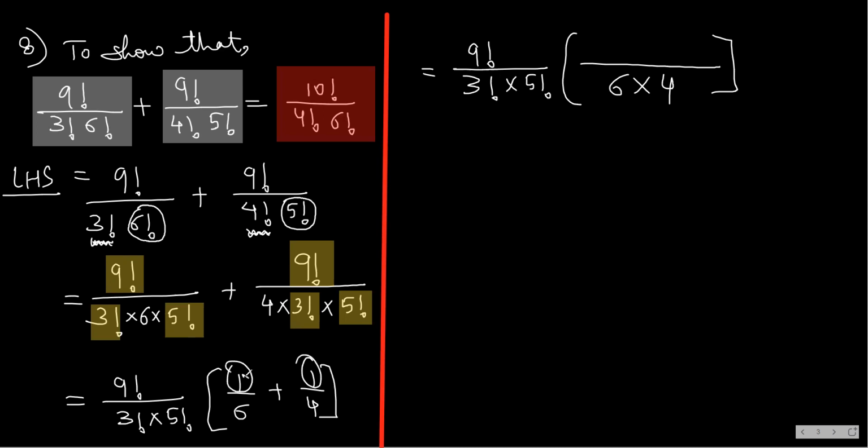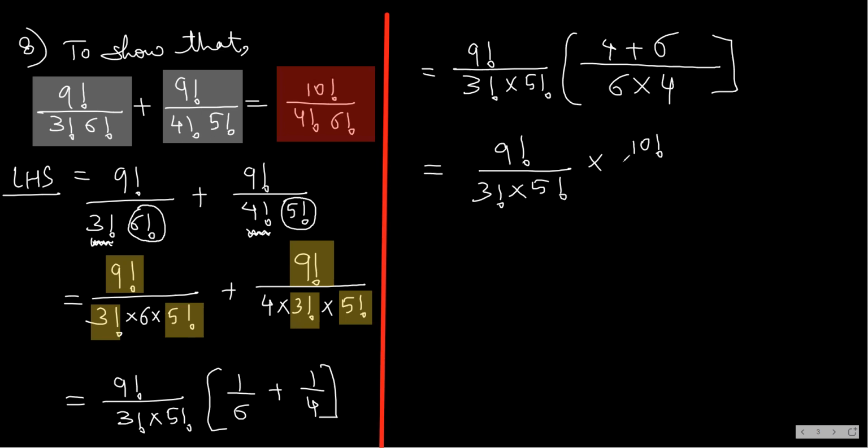So this is 4 into 1 and 6 into 1. You will get 4 plus 6 in the numerator. So it will become 9 factorial upon 3 factorial into 5 factorial into 10 upon 6 into 4, right?